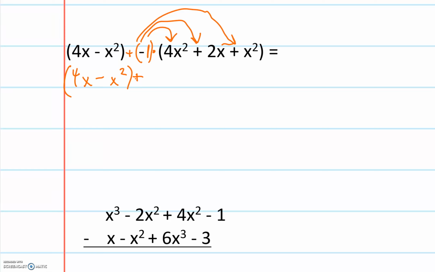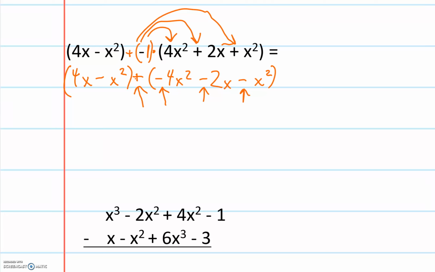So negative 4x squared minus 2x minus x squared. So what happened is we flipped this sign, we flipped this sign, we flipped this sign, and we flipped this sign. Every sign inside the brackets was multiplied by negative 1 to flip it.